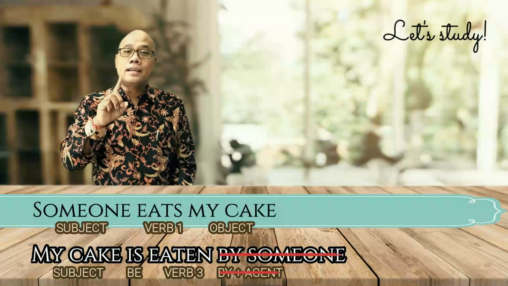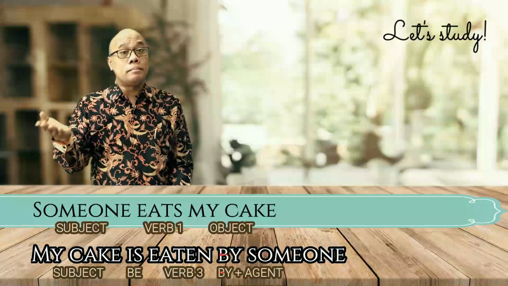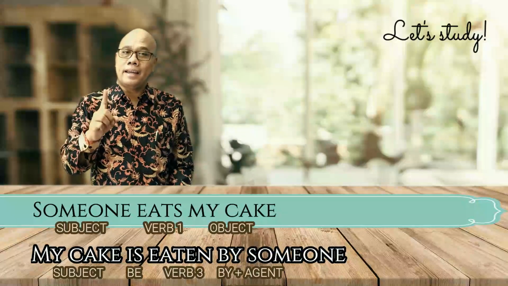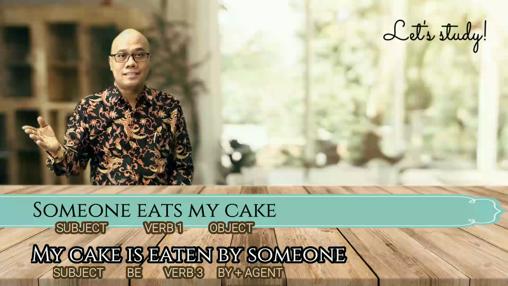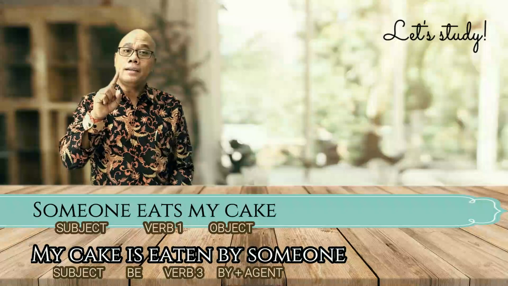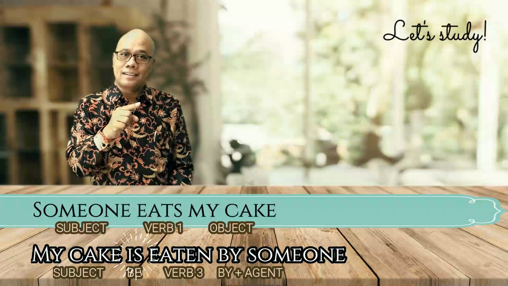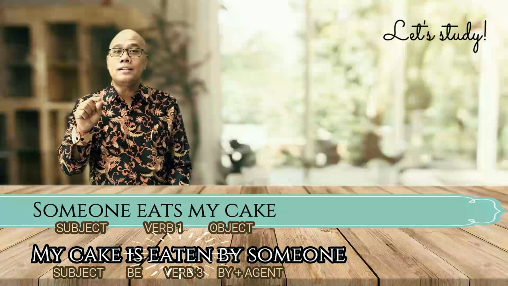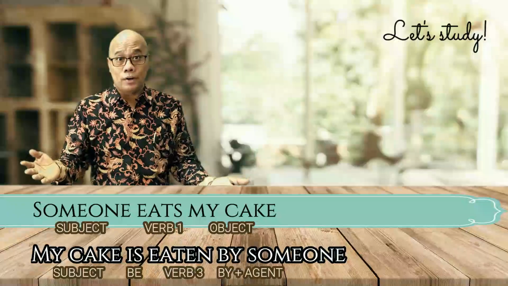So we can say my cake is eaten. But if you want to make it complete, you can say my cake is eaten by someone. So we use to be "is" because now the subject is my cake. And we have verb 3, eaten. My cake is eaten by someone.